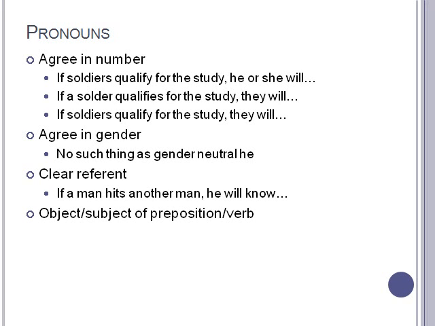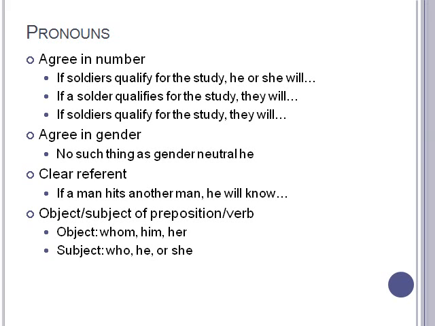Another thing to think about is that pronouns can be either the object or the subject of a preposition or a verb, and which pronoun is appropriate depends on if it's the object or the subject. When it's the object of a preposition or a verb, it's whom or him or her. When it's the subject, it's who or he or she.